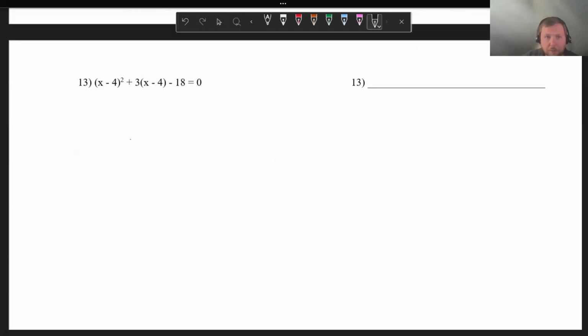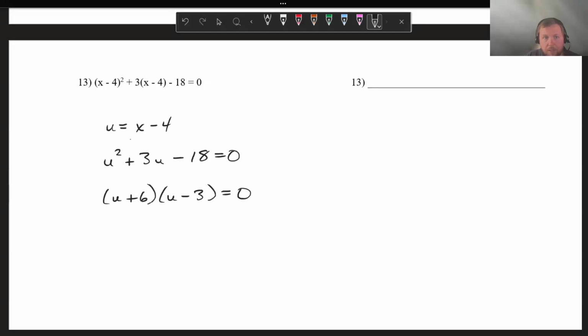Okay, another u substitution. So I have x minus 4 squared plus 3 times x minus 4 minus 18 equals 0. So we can let u equal x minus 4. This changes the original equation to u squared plus 3u minus 18. So then I have u plus 6 times u minus 3 is equal to 0.